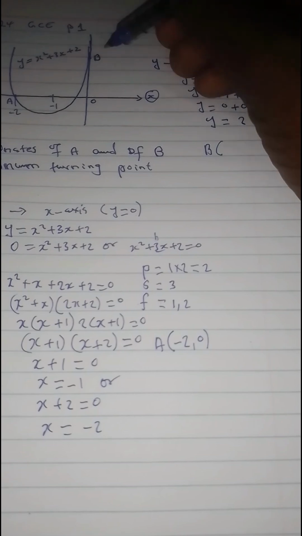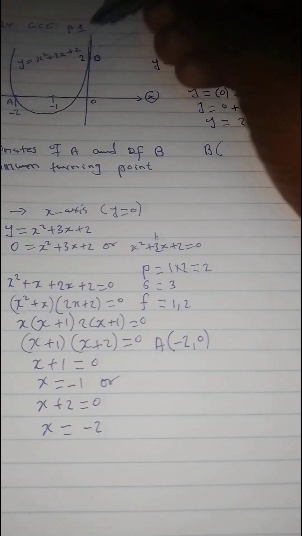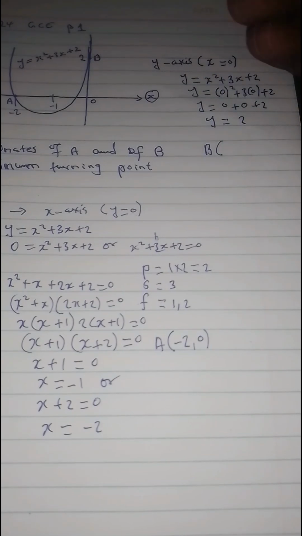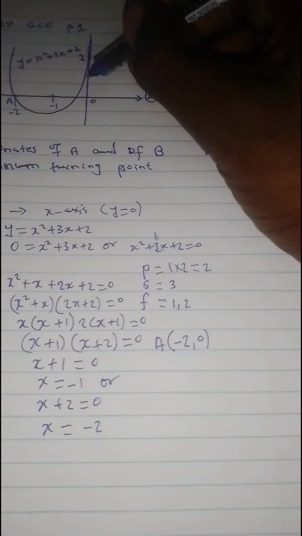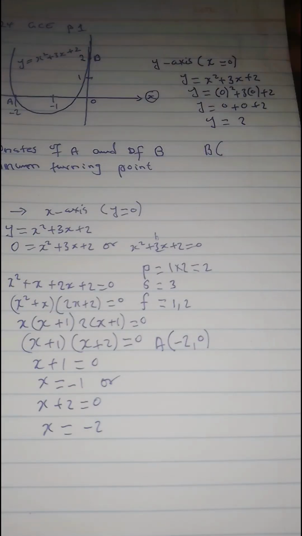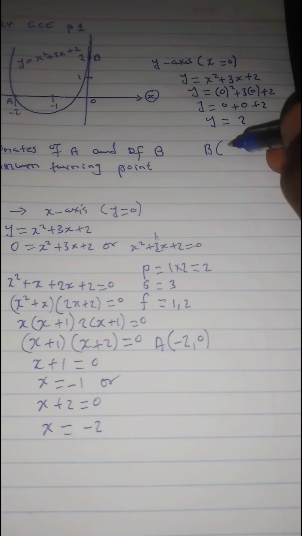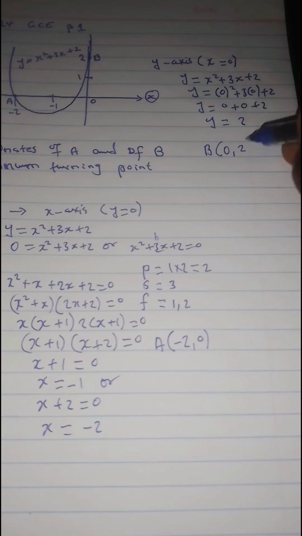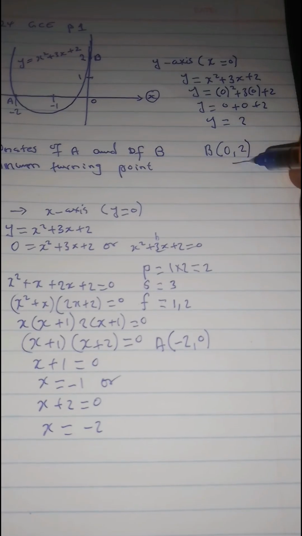At this point there is the number 2, so the coordinate of B is 0 comma 2. This makes sense.